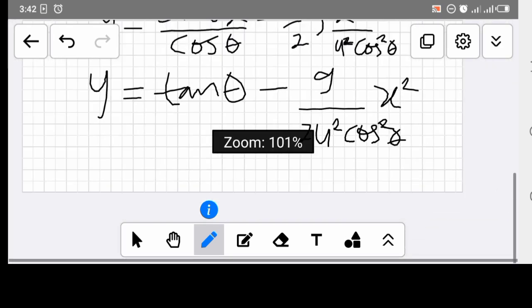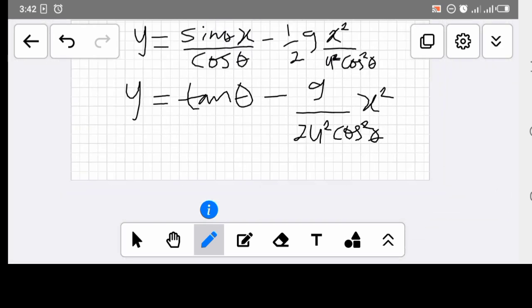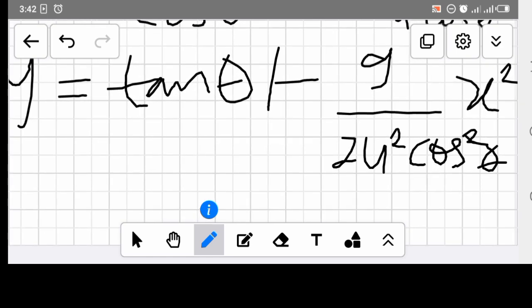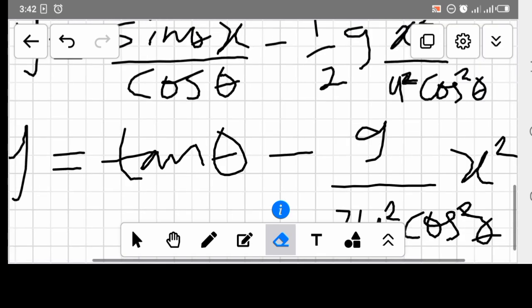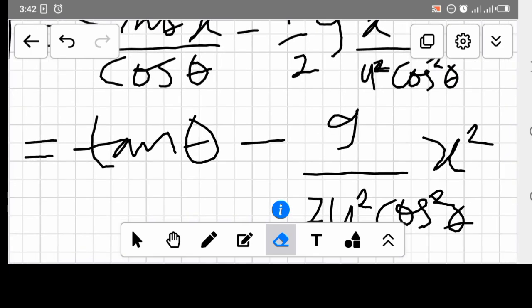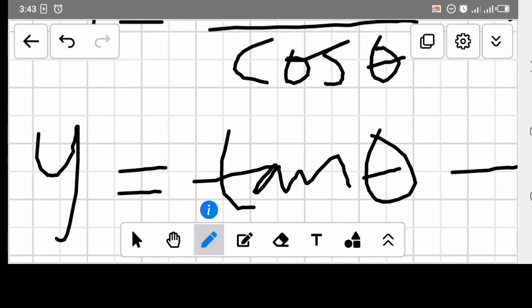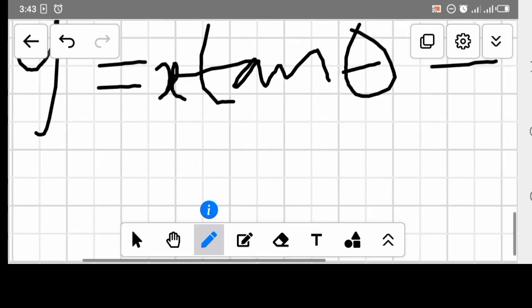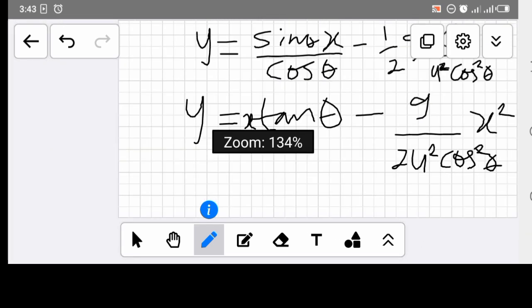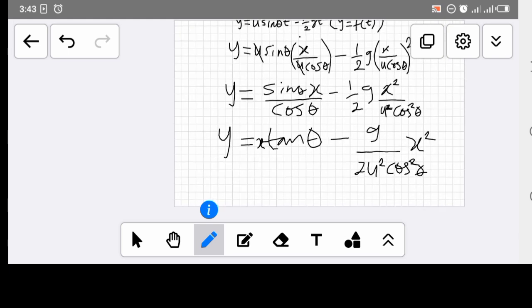So you take note of this. Sorry, we omitted something here. Sine theta over cos theta is tan theta. Then we have x up there, so I have to put the x back. And that will give x tan theta.